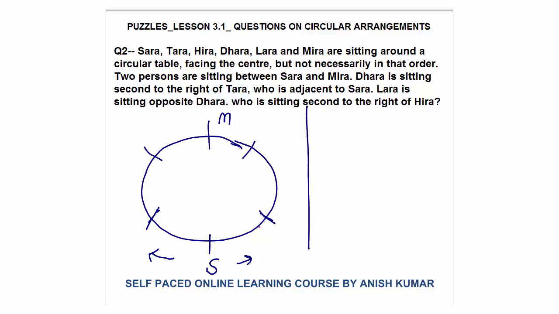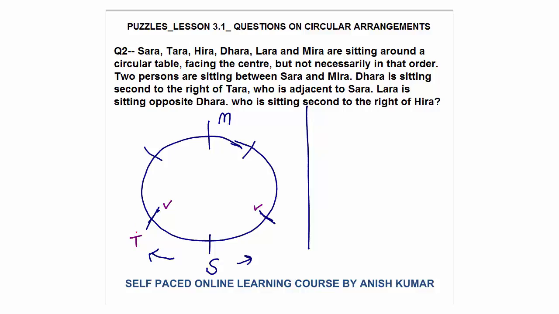Next, Dhara is sitting second to the right of Tara. Now this is about Tara, who is adjacent to Sara. Adjacent to Sara could be this seat, I am making a tick mark, or this seat. These 2 seats are adjacent to Sara, so we will check where Tara can sit. Let's say this is the position of Tara. Is this a possible position?